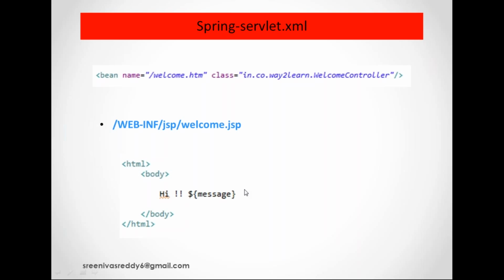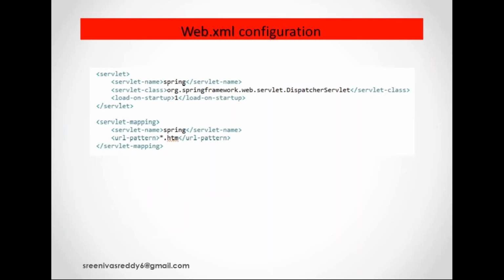If you want, you can also use the regular JSP standard elements, maybe a scriptlet or an expression. Any tag you can use to display that message, or you can still use the latest syntax for displaying this message.